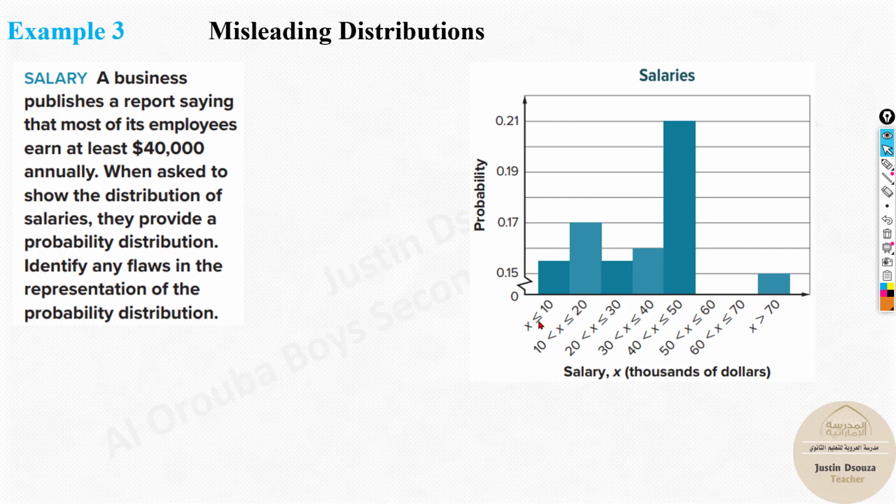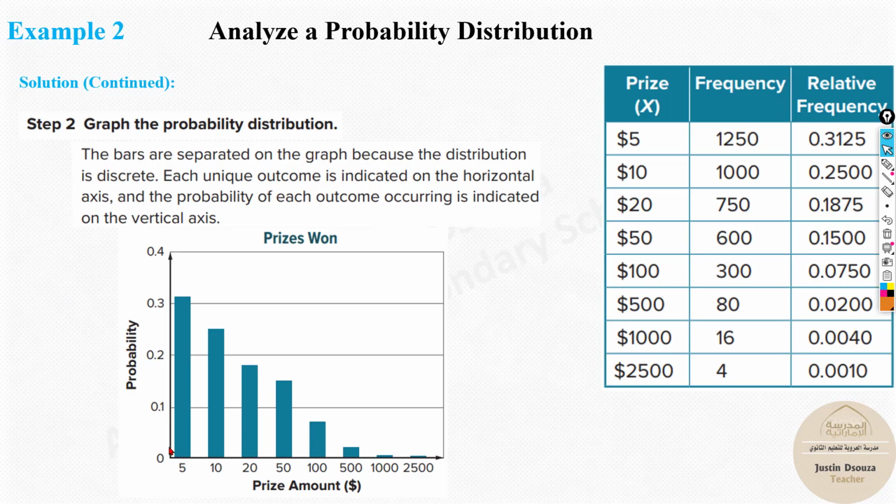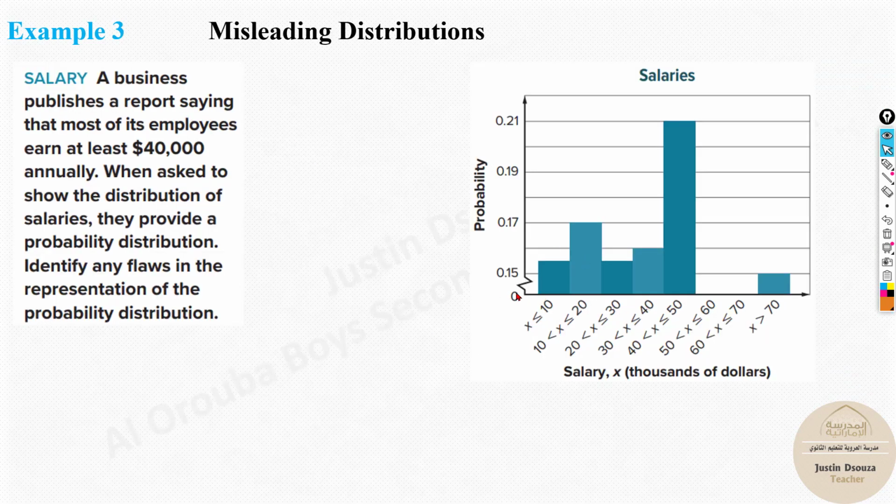So many get less than 10,000, and these are very, very close, because look at the y-axis: 0.15, 0.17, 0.1. It's so little difference. They have just zoomed in on this value. If you see over here, 0.1, 0.2, 0.3 gives a better understanding. If you had done 0, 0.1, 0.2, 0.3, these all would look so similar. So this is one very wrong thing.